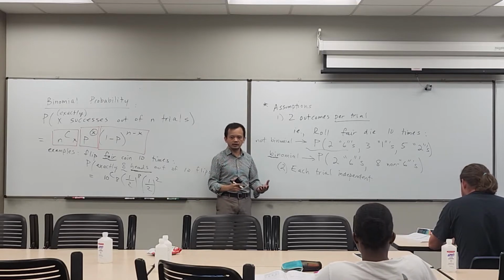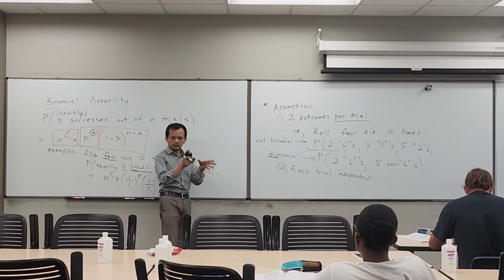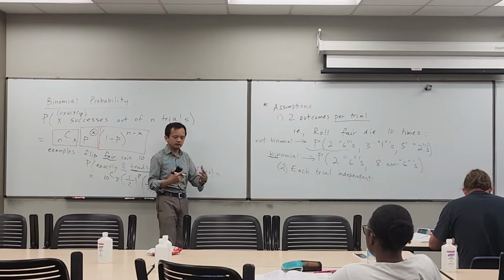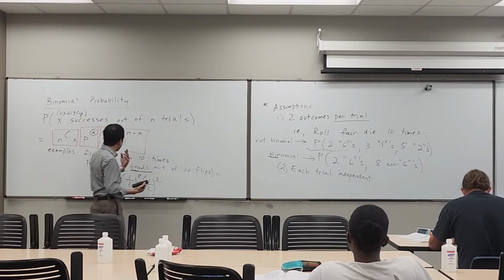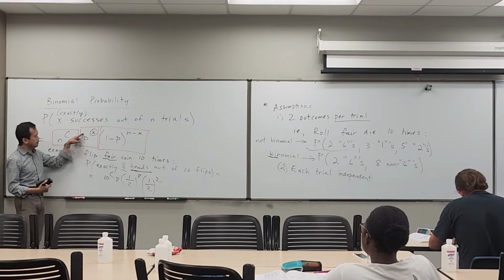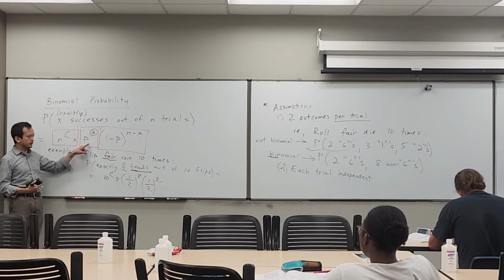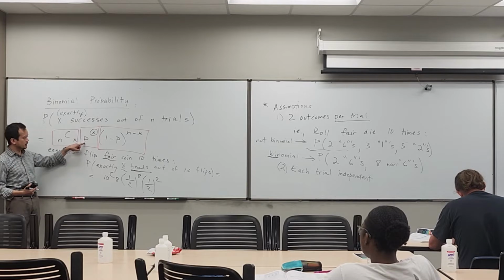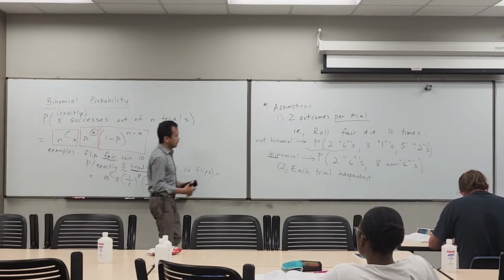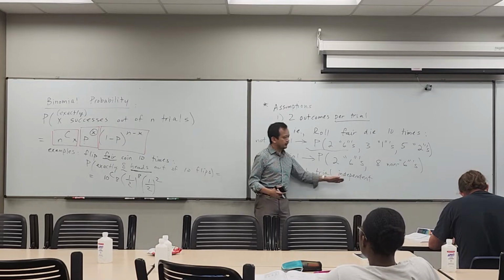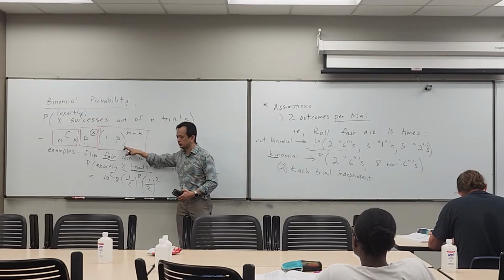The significance of that is the probabilities end up changing. There are different values for the probability of success. And so you will not be able to use this formula, because this probability of success ends up being a different number every time and not the same number that you can just raise to a power. So you need each trial to be independent to be able to use this formula with accuracy.